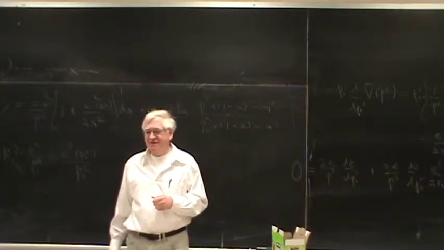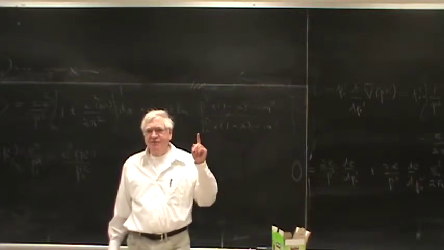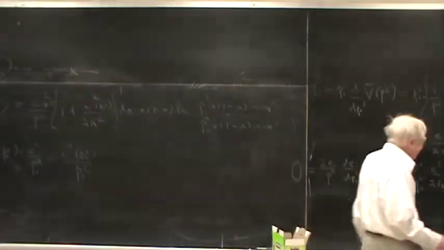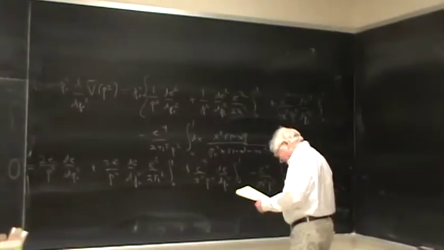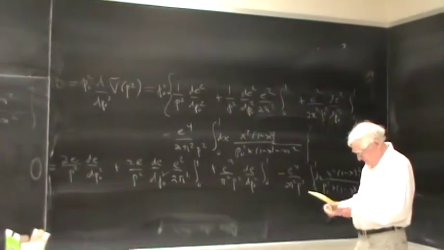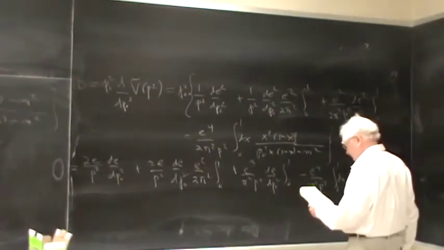A friend of mine said, but Professor Coleman, every equation is of the form something equals 0. Yes. That was one of the very few times that Coleman was ever caught out.